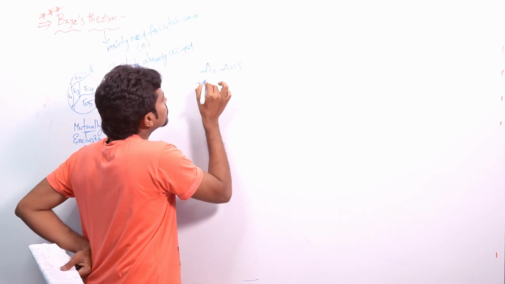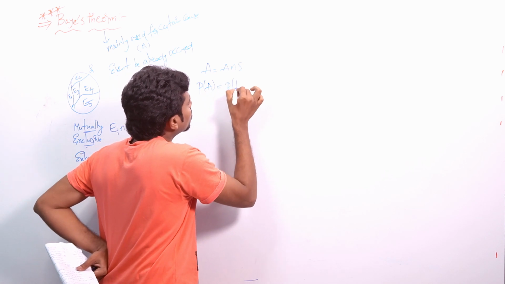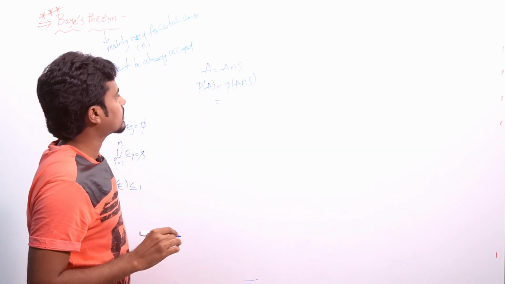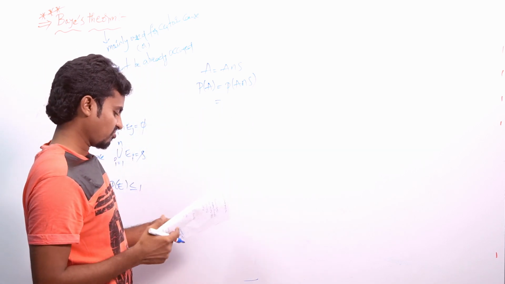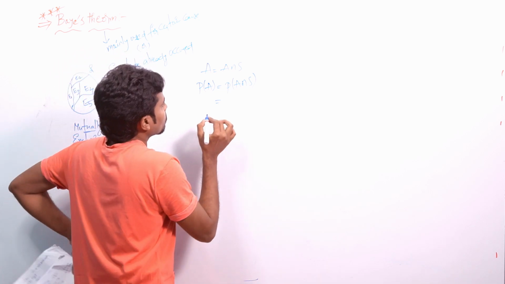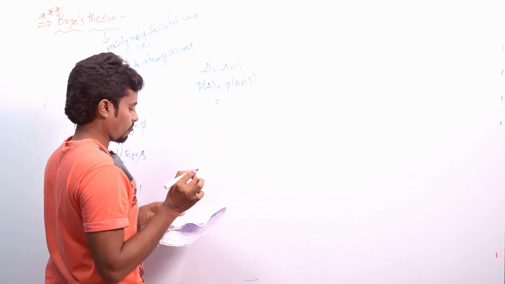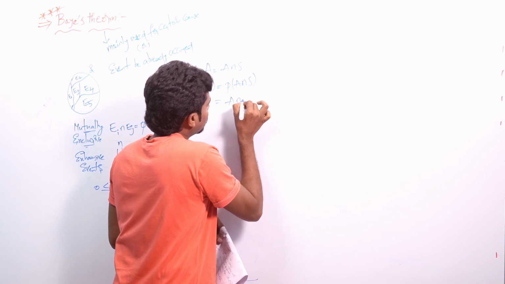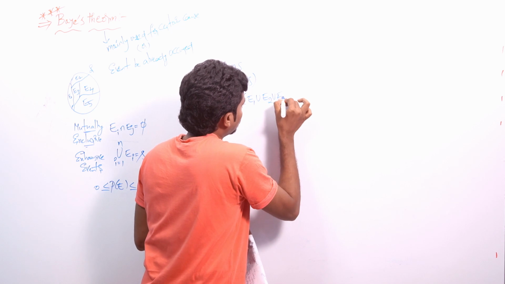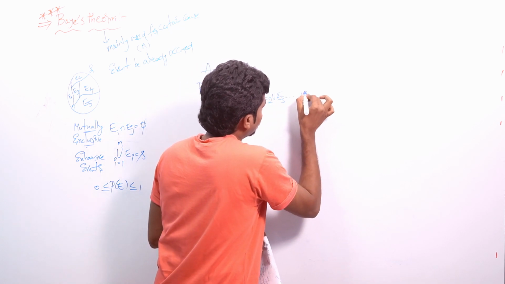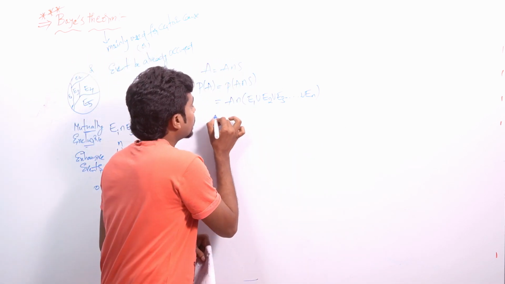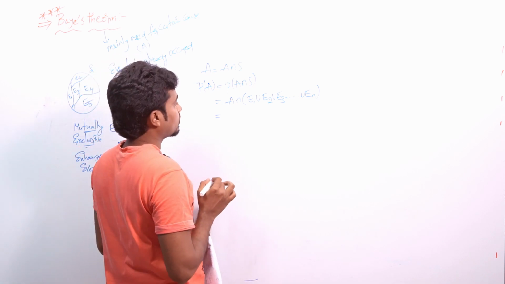This will be P of A, which is equal to P of A intersection S. Here S is the union E1 union E2 union E3 up to En.